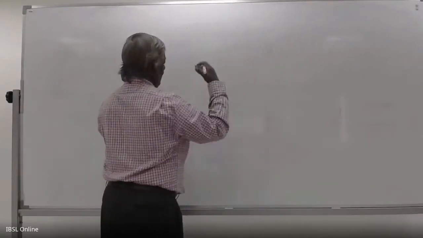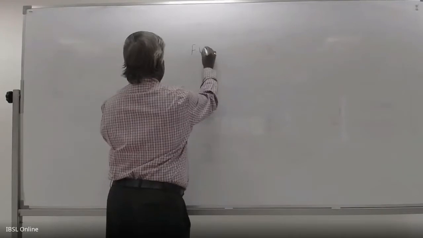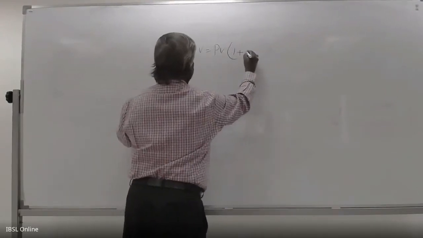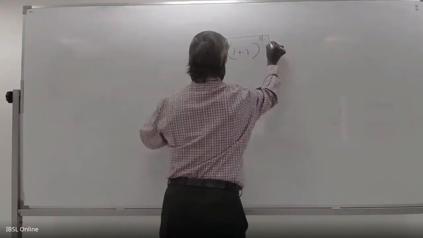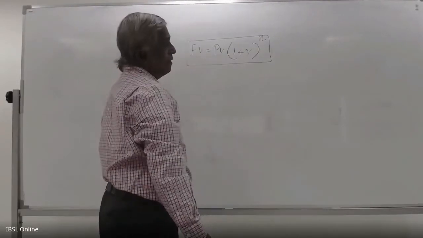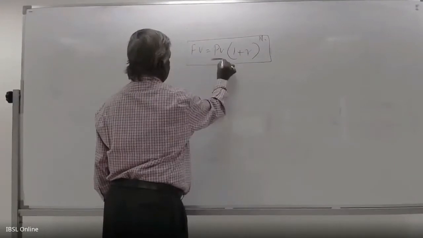Compounding formula, we have derived the compounding formula. FV is equal to PV into (1 plus r) to the power n. This is the compounding formula. From this formula, we make the PV the subject.